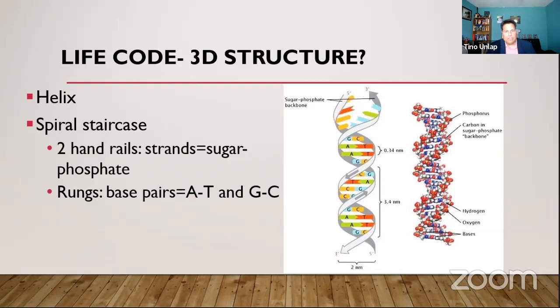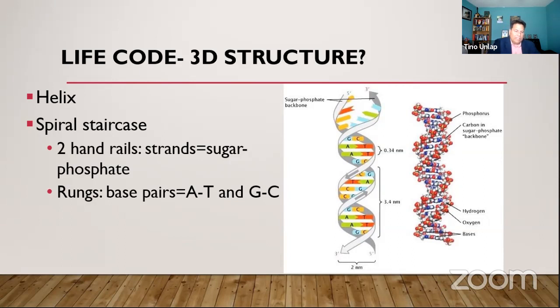Now, the three-dimensional structure is called a helix. It's an alpha helix, and perhaps I can describe it this way. It is like a spiral staircase that has two handrails. And the two handrails are called strands. Those strands are the ones that connect the letters together.